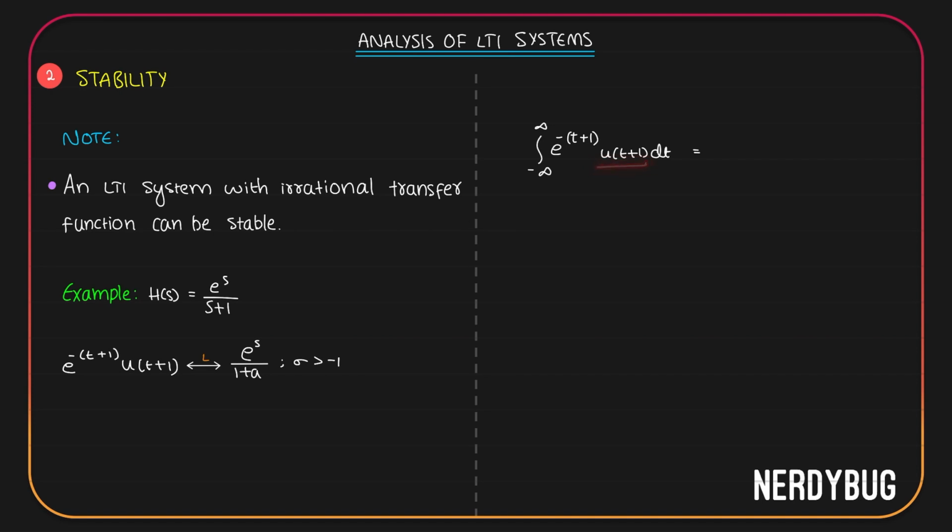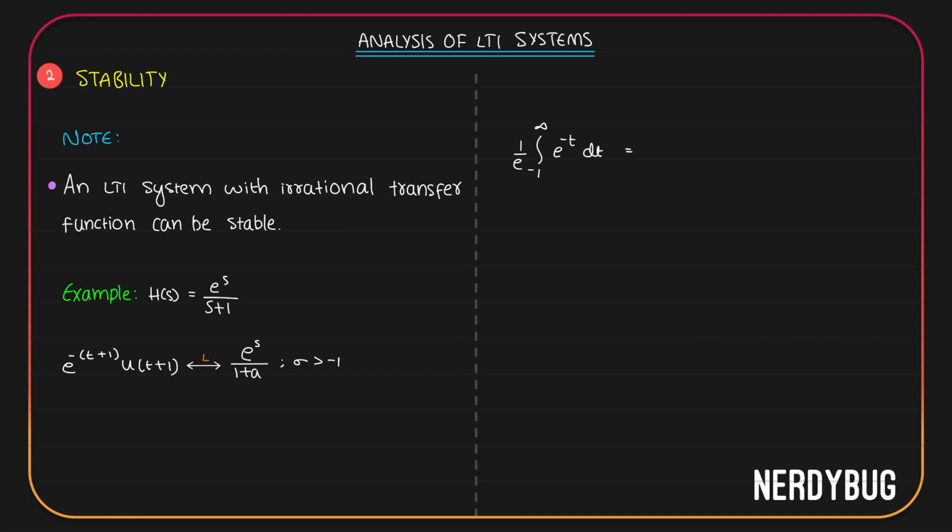So we can just integrate from -1 to infinity, and there u of t plus 1 is just 1, so we can remove it. e raised to minus of t plus 1 can be written as e raised to minus t into e raised to minus 1. e raised to minus 1 is 1 by e, a constant, so it can come out of the integration.